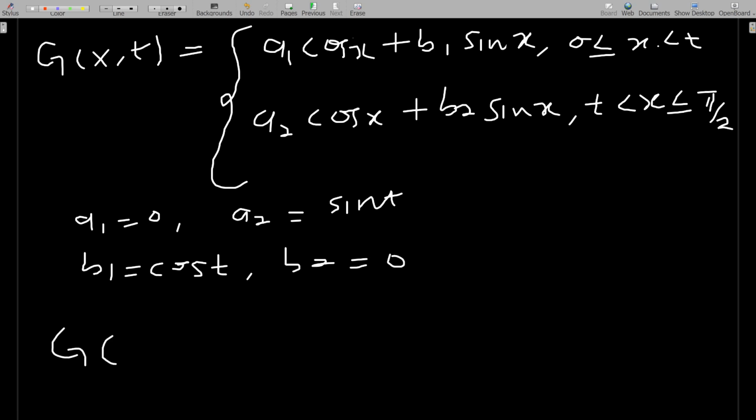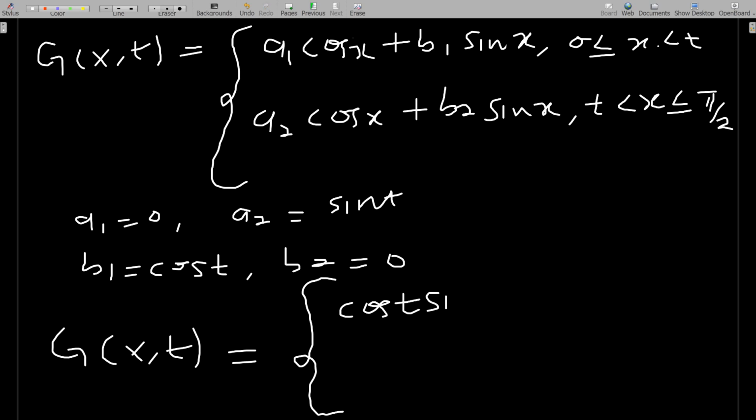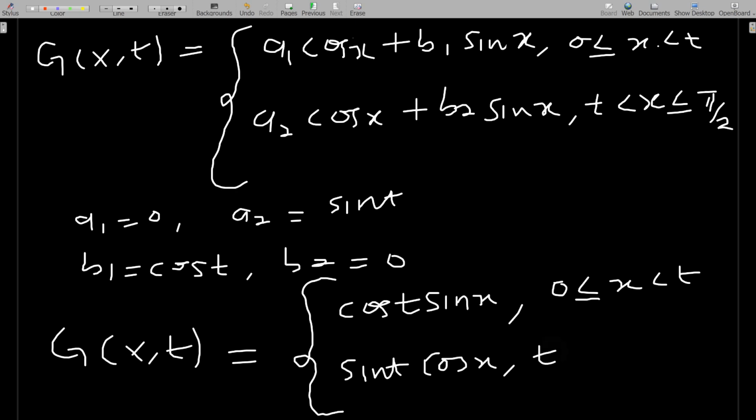So this means my g of x,t, which is the Green's function, is finally given by: a1 is 0, so the first part goes, b1 is cos t, so I have cos t sine x for 0 less than or equal to x less than t, and since b2 is 0 and a2 is sine t, I have sine t cos x for t less than x less than or equal to pi on 2.